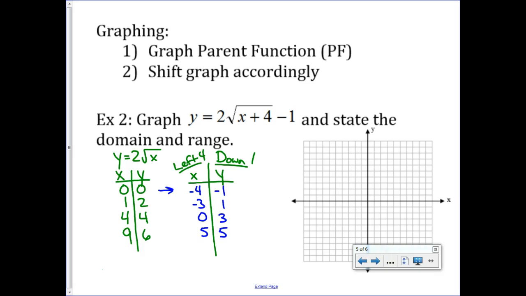So what I want you to notice is we went through 0, 0, and 1, a on that original graph. So we go through 0, 0, 1, 2, 4, 4, 9, 6.